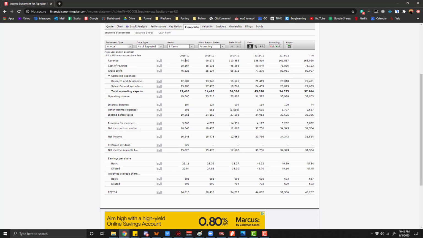Here, revenue. This tells you how much they actually generated. Then cost of revenue. How much did it cost for them to actually earn that money? So now you've got the gross profit, right? Then you've got research and development, and sort of all the random stuff that the CEOs might be buying, just a whole bunch of nonsense, right? Research and development, they say. And then how much are the CEOs compensated? How much are they taking in terms of pay?